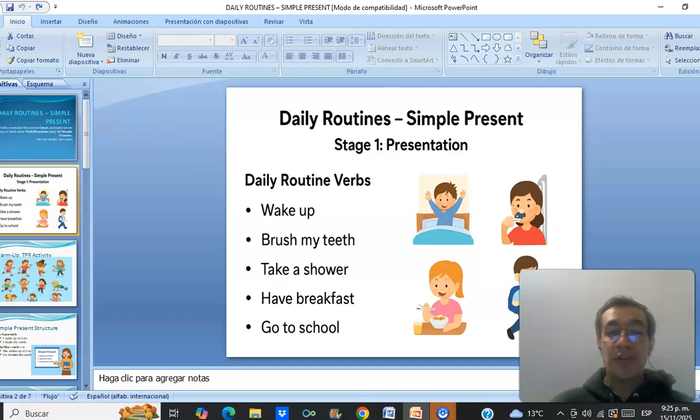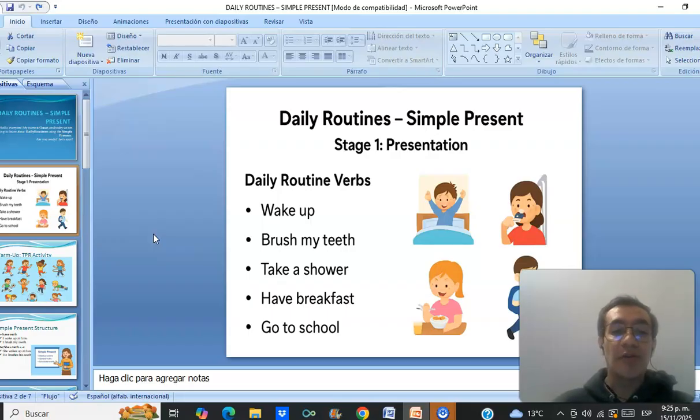And in your personal case, I think that you just come to study or just wake up and do general activities during the morning, depending if you study in the morning or in the afternoon. And here you are gonna be able to recognize and use daily routines verbs in the simple present.